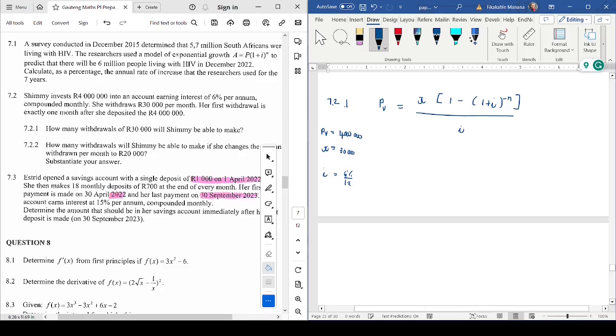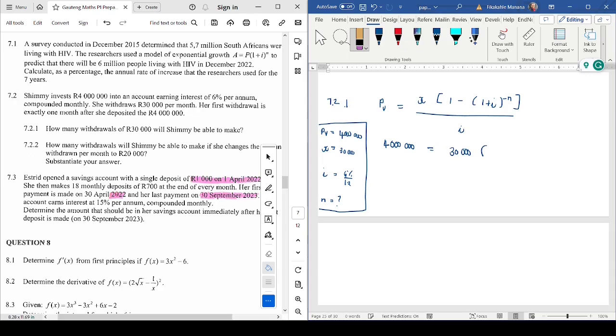And if they're asking for the number of withdrawals, we're basically looking for n. So that's something we just put on the side. Let's fill in all the information. So we have 4 million. Don't forget any zero or else everything will be incorrect. And then we have 30,000.